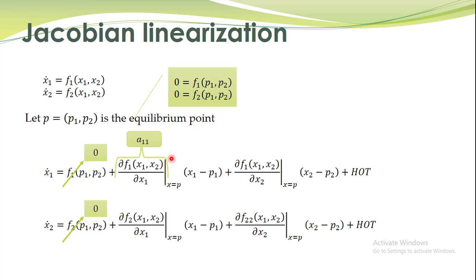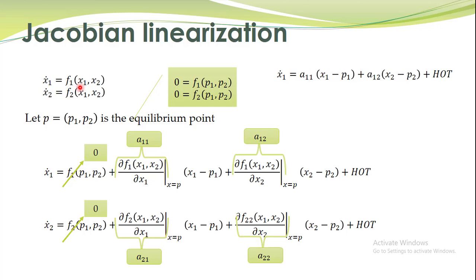So let's give it a name, a11. Likewise, this will be a constant, this will be a constant, this will be a constant. We can give names to these constants: a12, a21, a22.